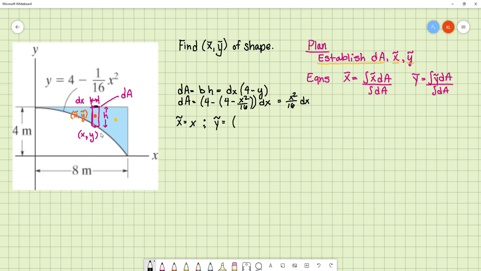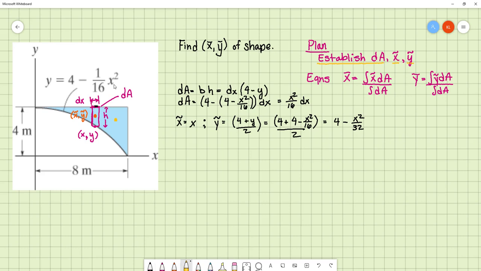So we're going to have the two locations as 4 and y, and divide that by 2. Again, we've got to put the y in terms of x, so we'll use our equation of the curve here to convert y into x. So y tilde is going to be 4 plus 4 minus x squared over 16, divided by 2, or y tilde equals 4 minus x squared over 32.